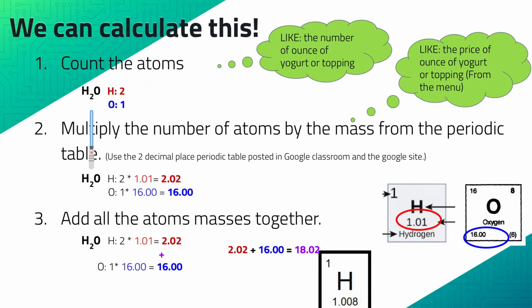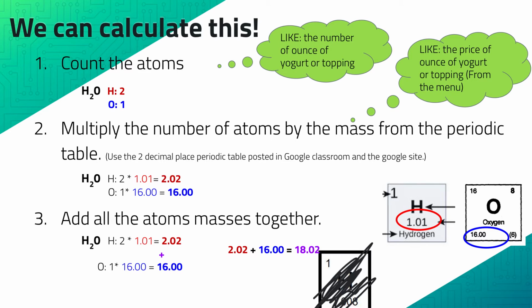So count the atoms. We have hydrogen, which was 2, because there were 2 hydrogen atoms here, and 1 oxygen. Then multiply the number of atoms by the mass from the periodic table. This is like that yogurt price from the menu. Hydrogen's atomic mass was 1.01, and I wanted you guys to only use the ones that have 2 decimal places.